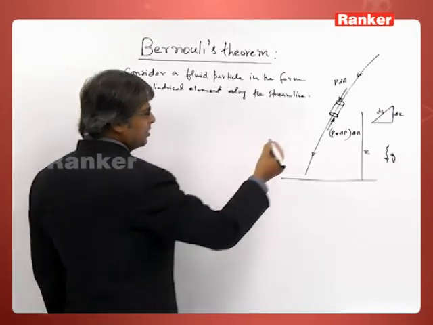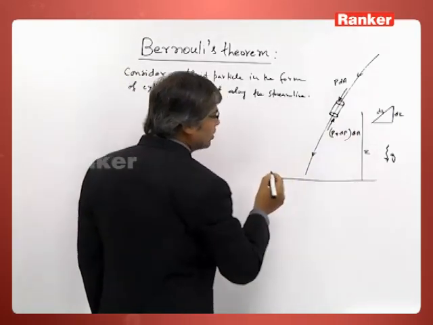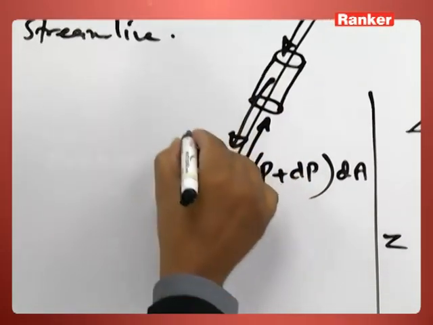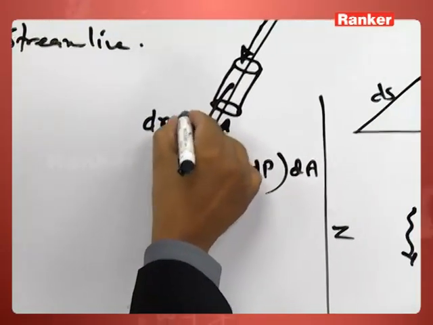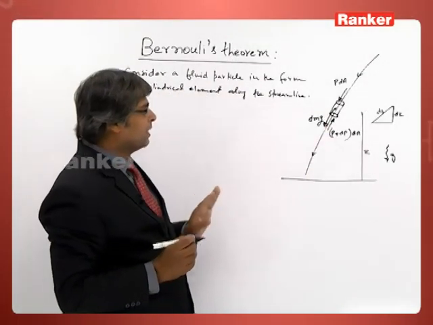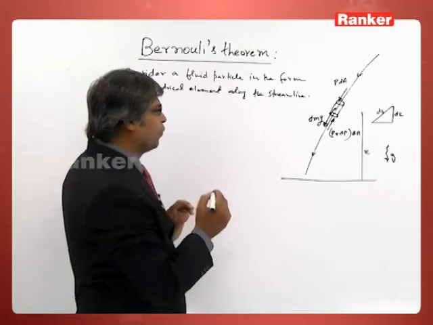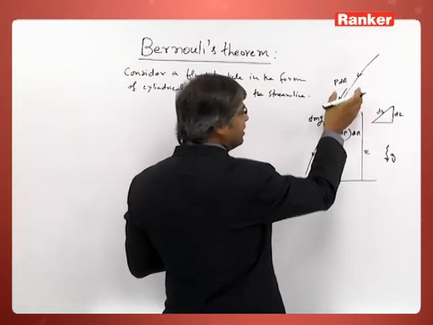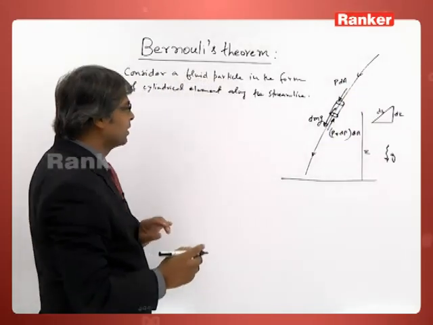Now let us see what the forces are. These two pressure forces, and there is another force acting downward, that is dmg. So we have three forces. There can be another force that will act against the direction of velocity, that is the viscous force.